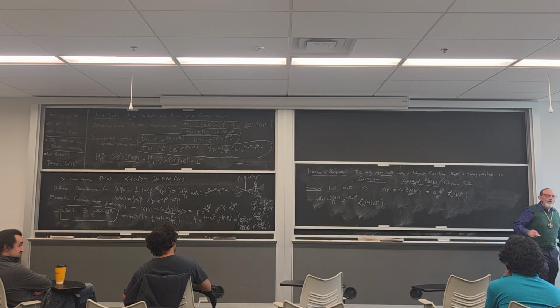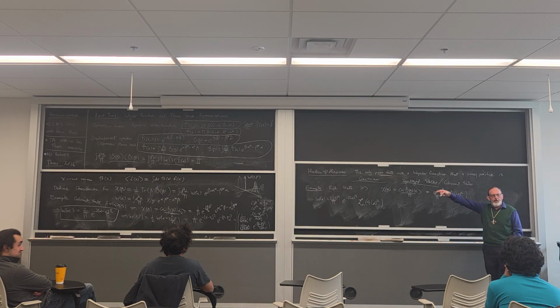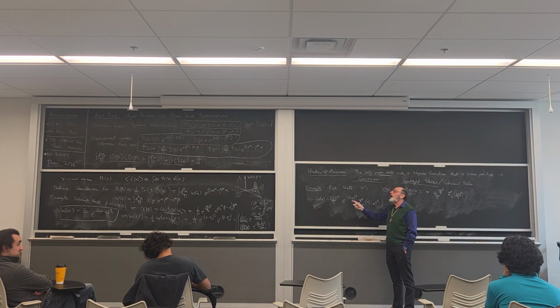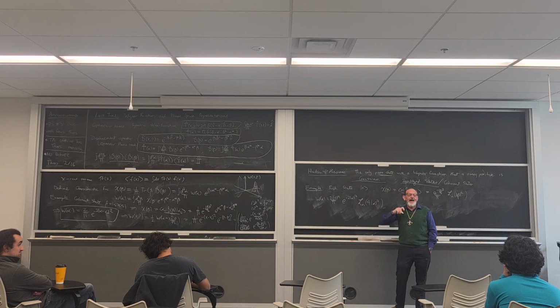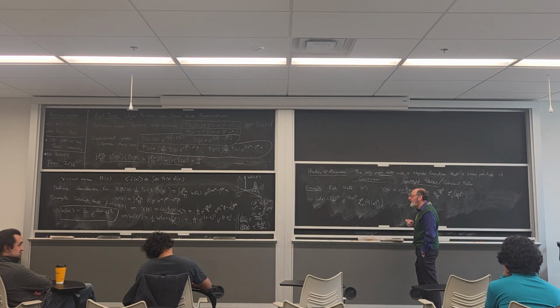When n is 0, this is the vacuum. It agrees with what we had over there. It's a Gaussian when n is 0, but when n is not 0, this is not a Gaussian, right? Because that's not a coherent state.